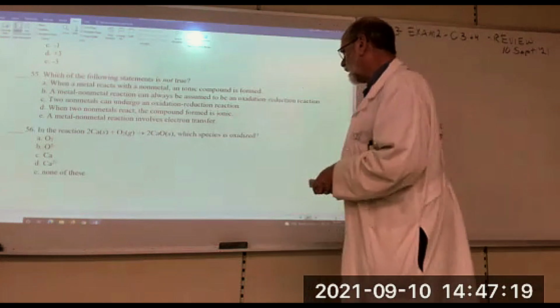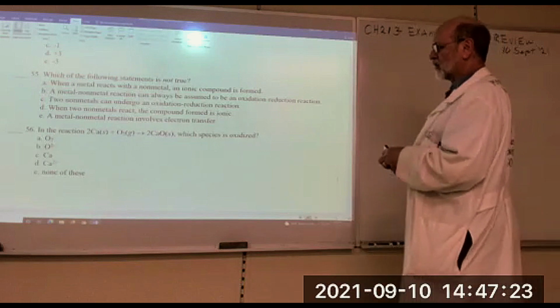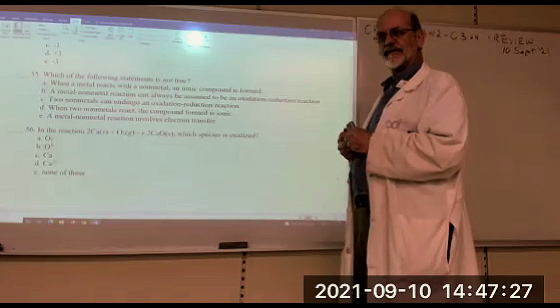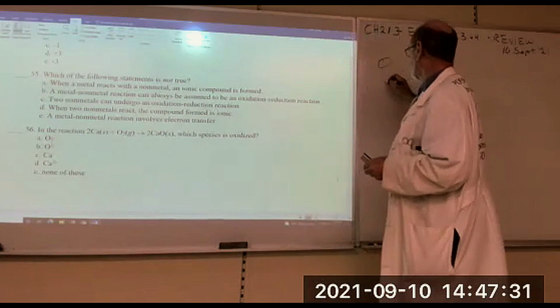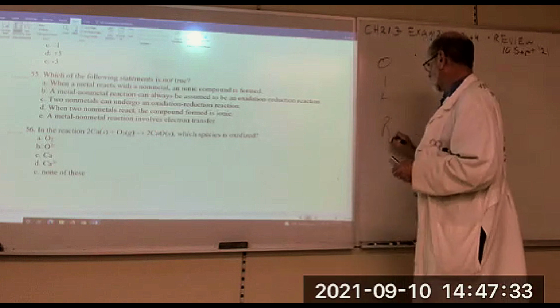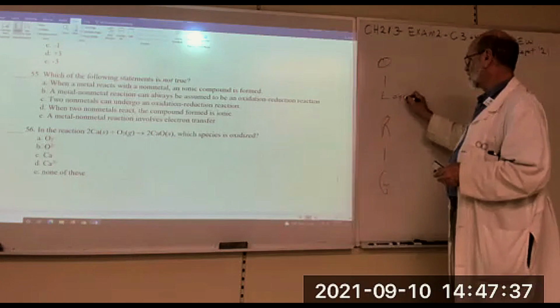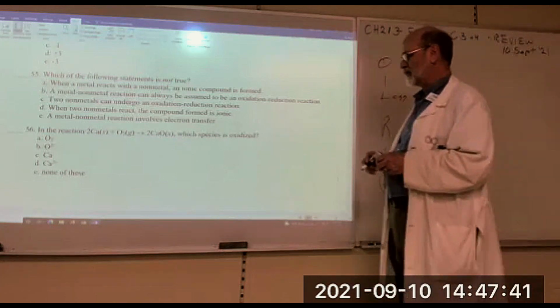Okay. How about this one? Which species is oxidized? So what is oxidation? Oxidation is loss. Reduction is gain. So who loses electrons here?